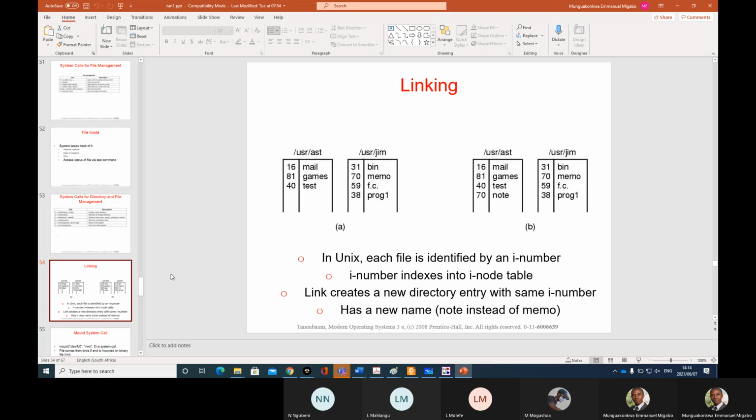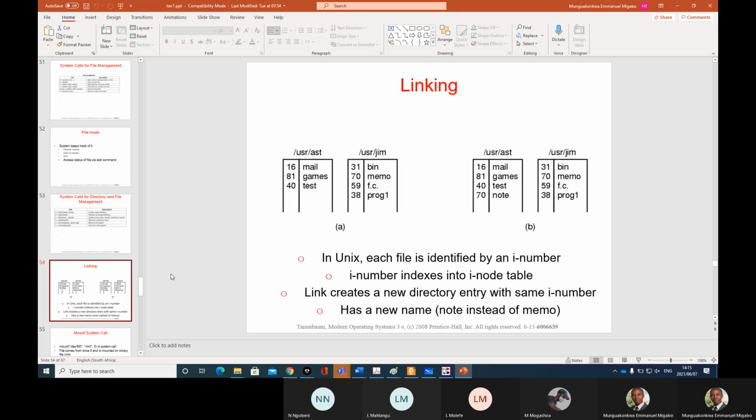To create a link between two files, what happens is that you end up creating a new directory entry, meaning a new ID of some sort, with the same I number. But a different name. So what makes the link is the I number.